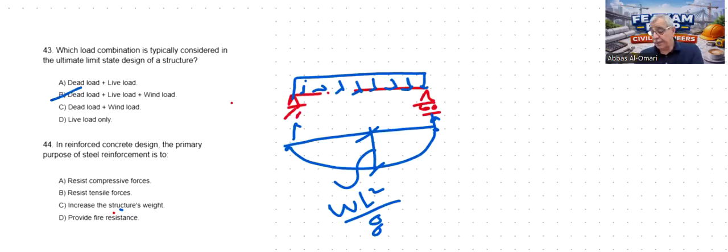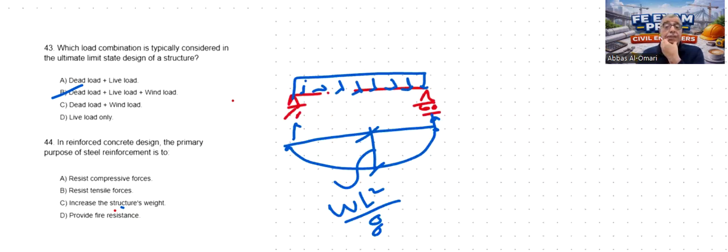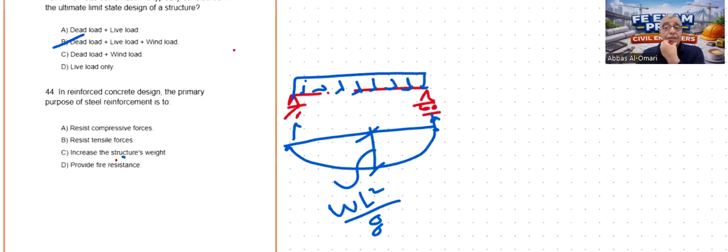Now, in reinforced concrete design, the primary purpose of steel reinforcement is. Now, why do we add steel to concrete structures? We know that concrete can stand compression, but it cannot stand tension. So we add steel to resist tension forces or tensile forces.